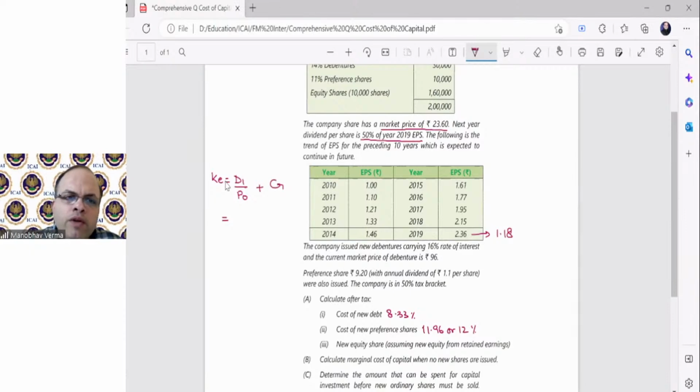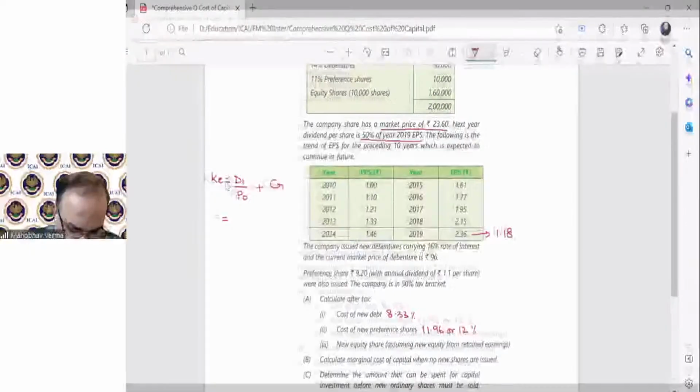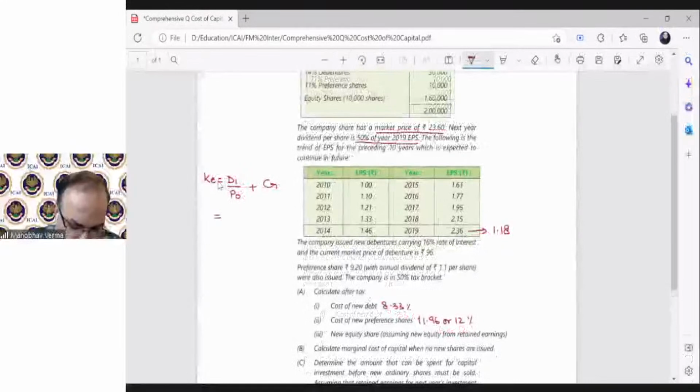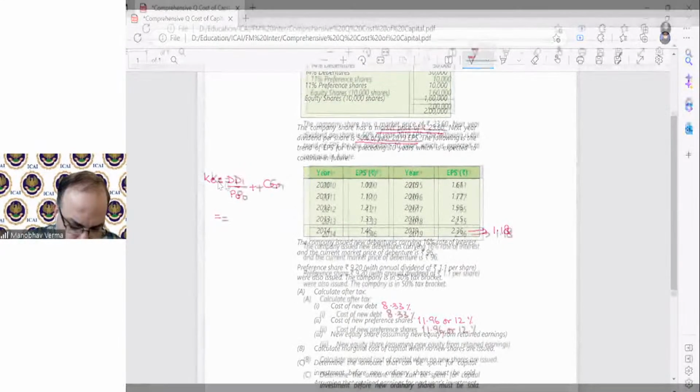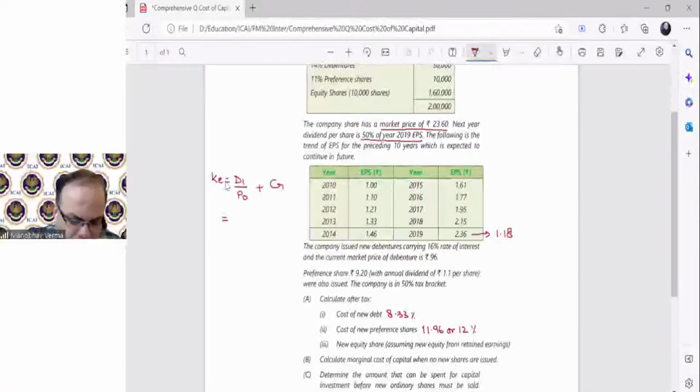That means what we are looking at here is, okay. Vinay, if you don't mind, can I look at that query in a moment once we discuss this cost of equity? Let me just solve this for everyone. Then I will relook at that query in case I was not able to answer earlier. Okay, so D1 is 1.18, where they're saying next year dividend, mind you.